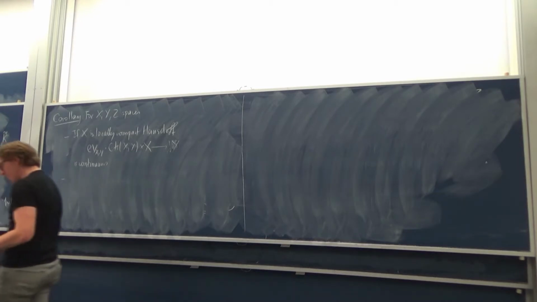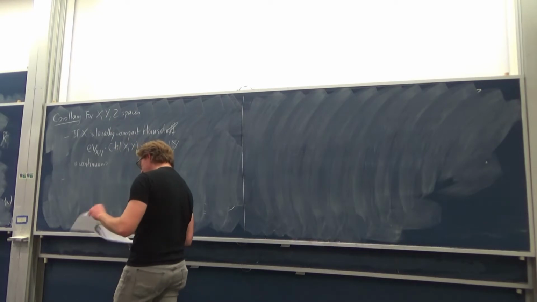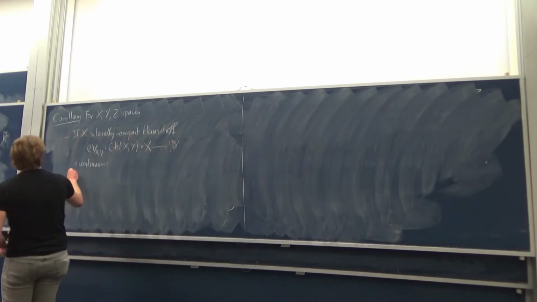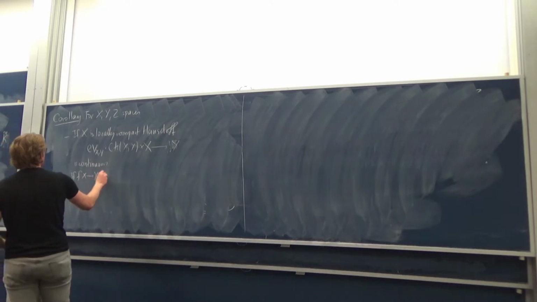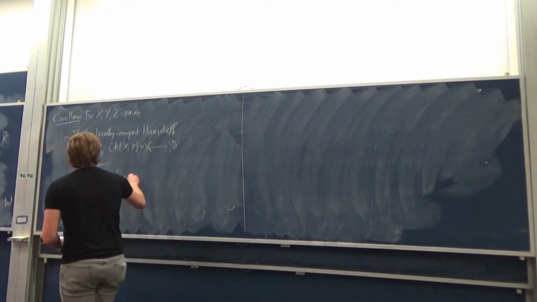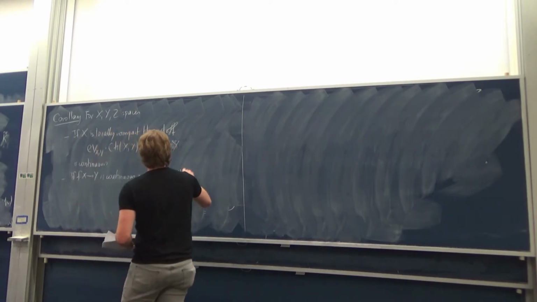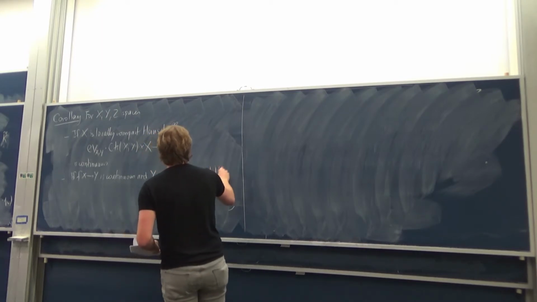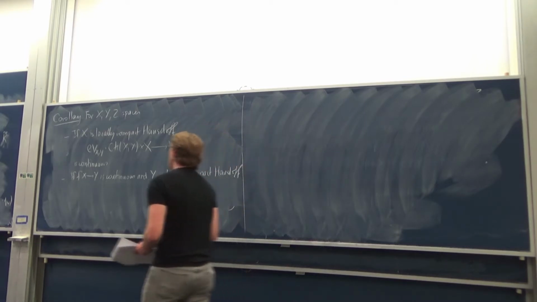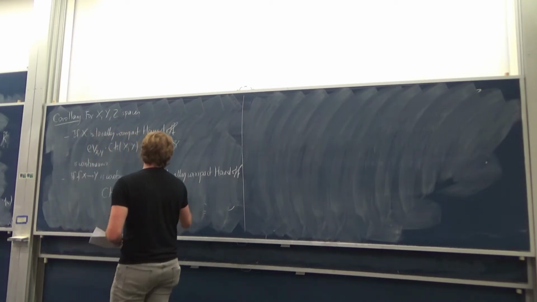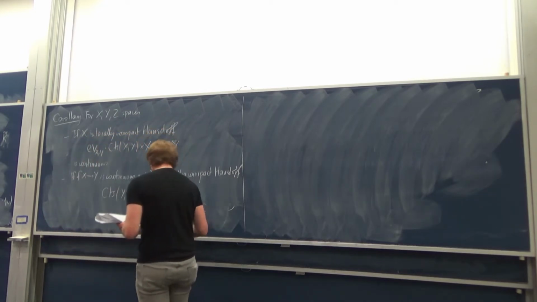And then we have some various other statements telling us that compositions are continuous. So if I have a continuous map and the target is locally compact Hausdorff, then for any Z this map is continuous.